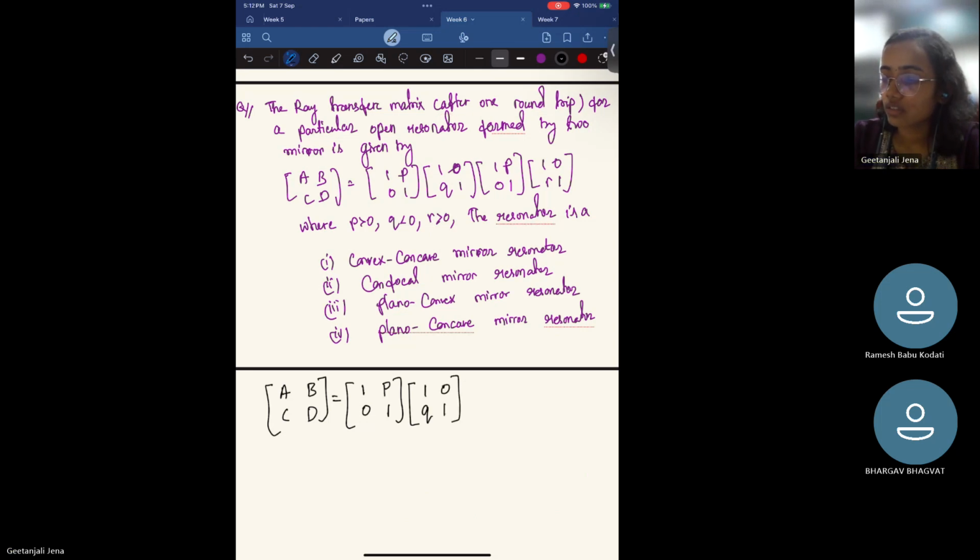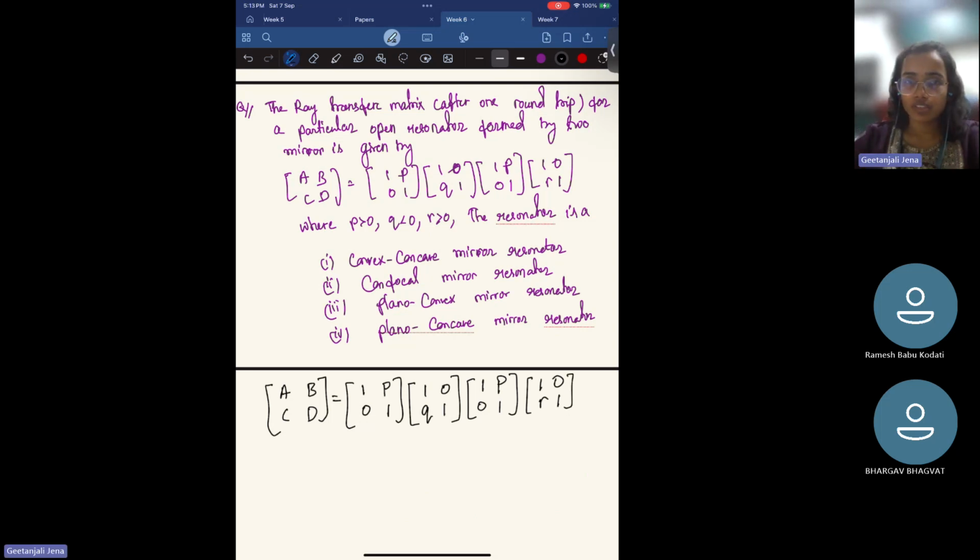So this is the ray transfer matrix after one round trip. And it is given P is greater than 0, Q is less than 0, R is greater than 0. So these are given in the question.